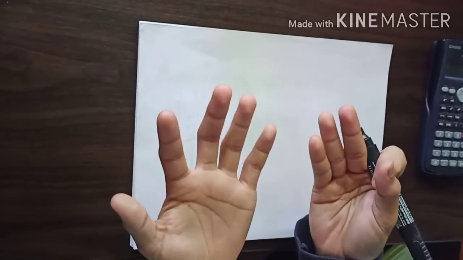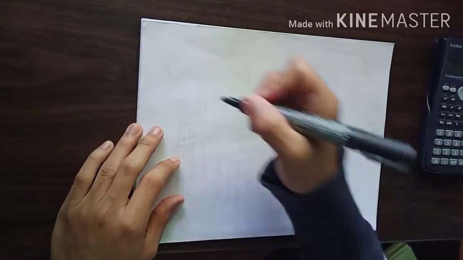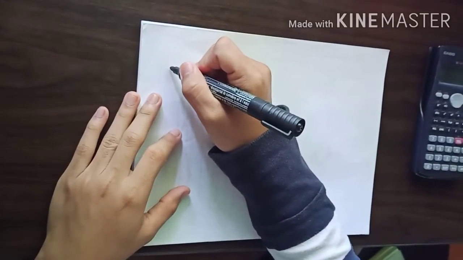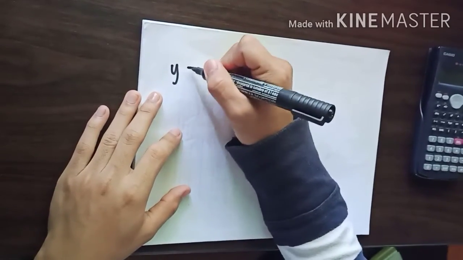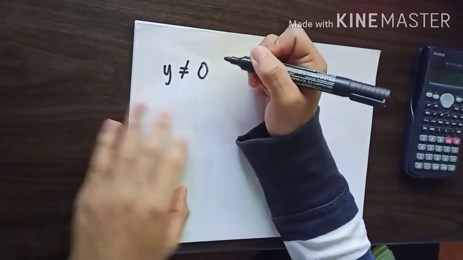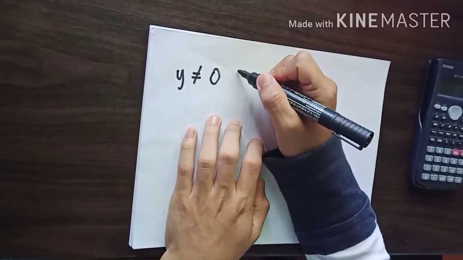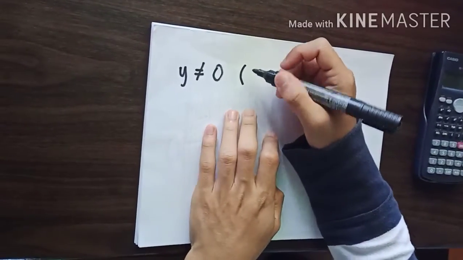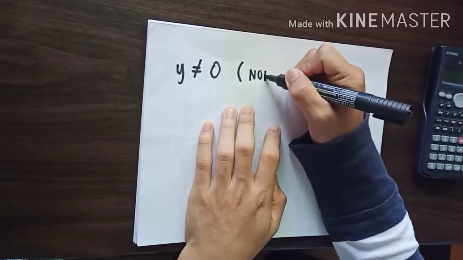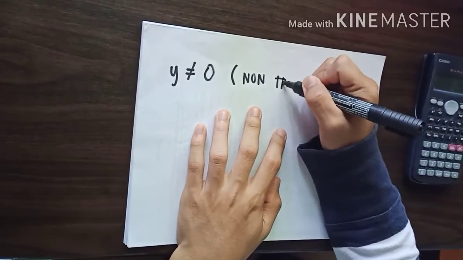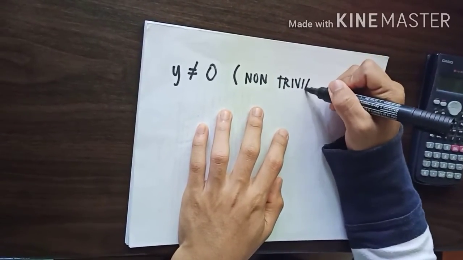So for the final step, which is step 8, now we should consider this rule: y should not be equal to 0, for us to prove that the system of linear equations is non-trivial.